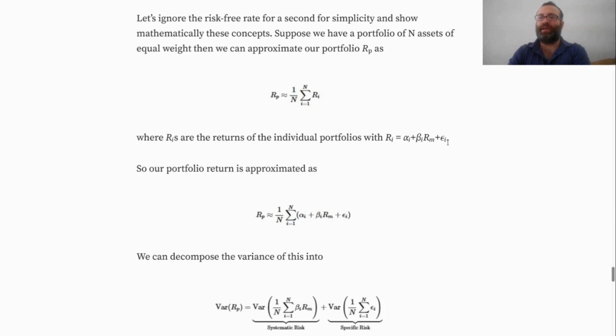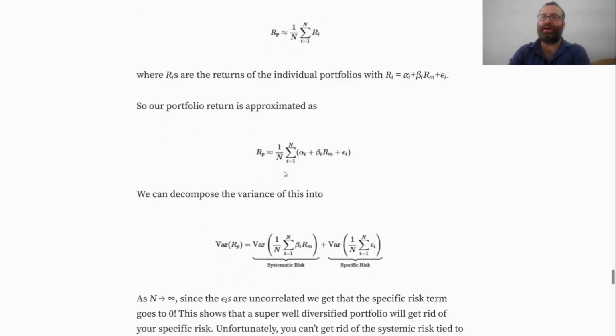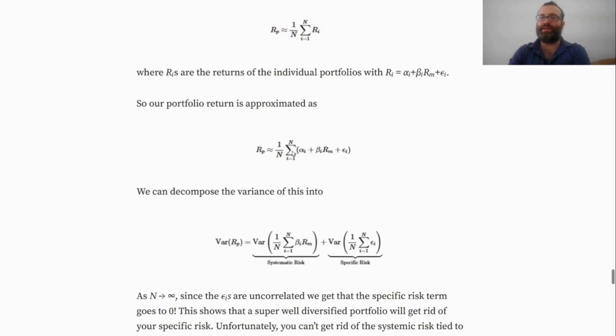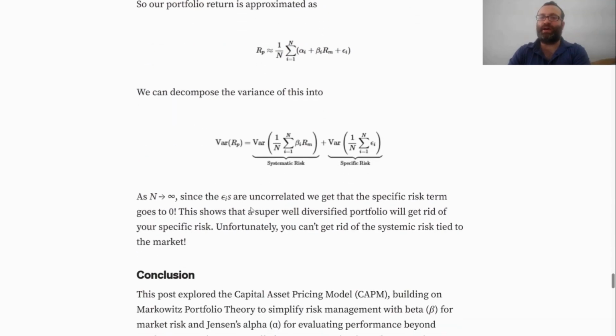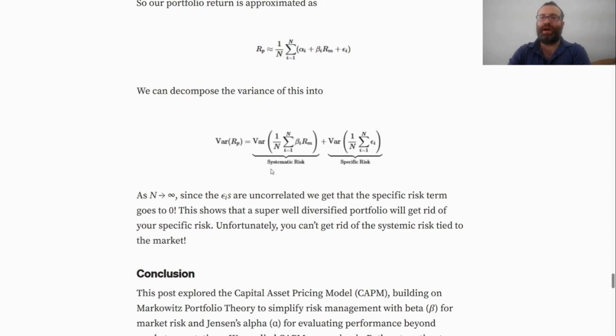If you plug in the CAPM formula, ignoring the risk-free rate here, you'll see that it's 1 over n times the sum of alpha I plus beta I times the return of the market plus epsilon I. And if you take the variance of this, I'll spare you the math, you'll have a systematic risk component and a specific risk component.